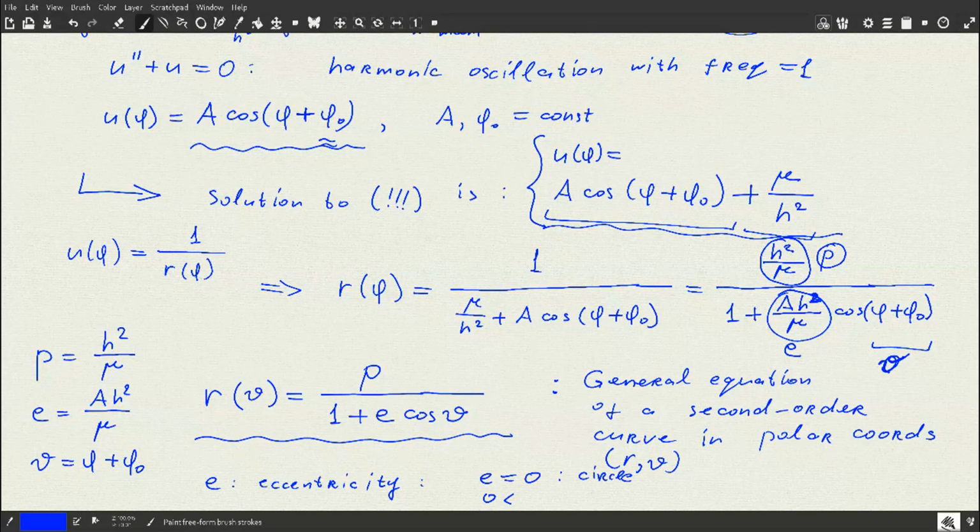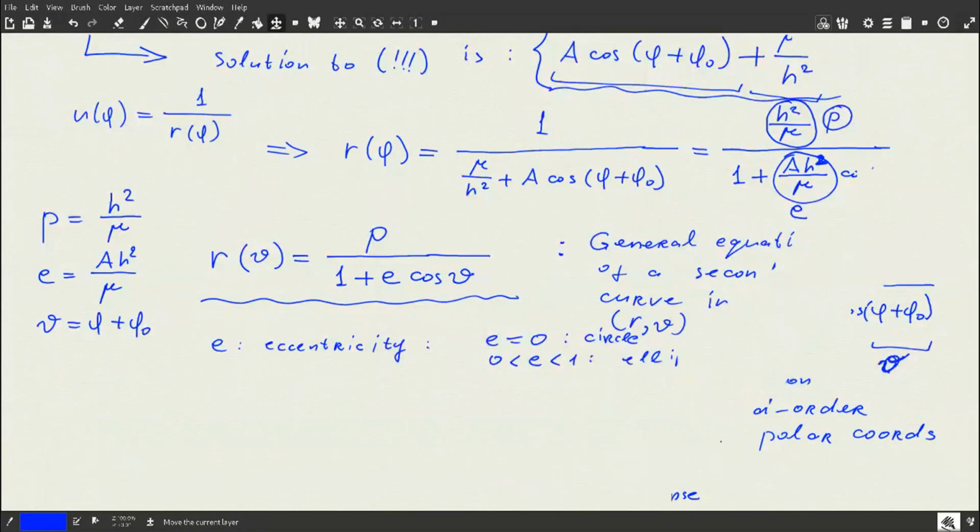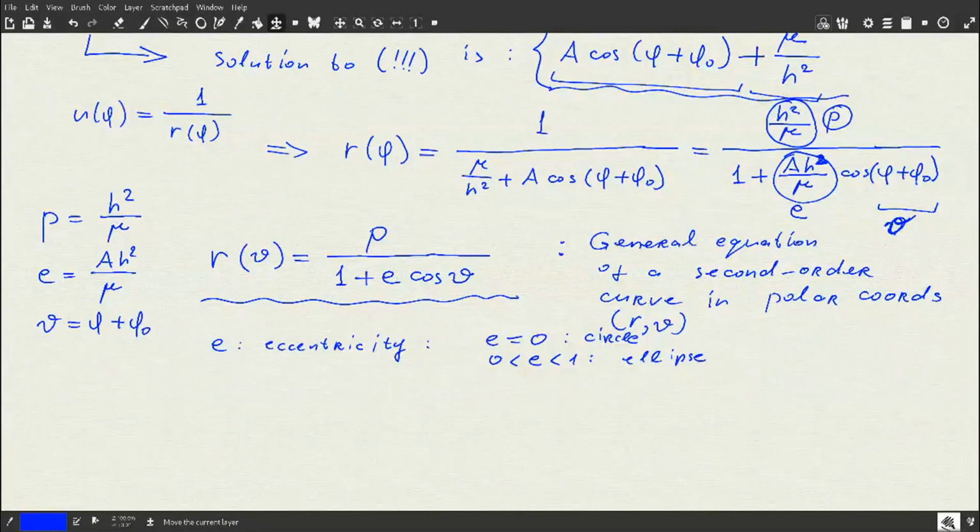E from 0 to 1, in general, is an ellipse. I would say in general, because there could be some degenerate cases. In particular, by the way, P is obviously non-negative. It is greater than or equal to 0.